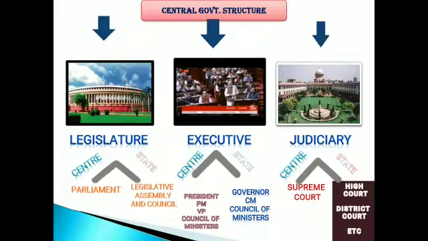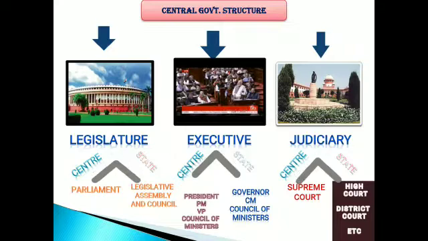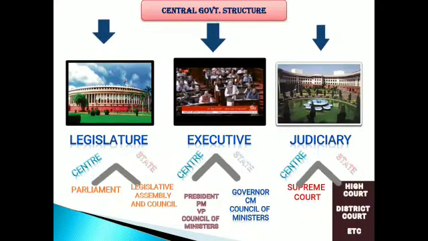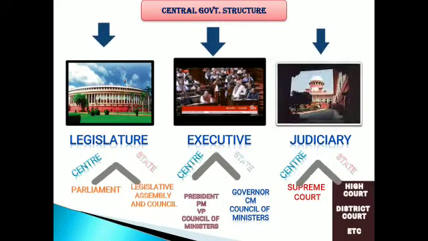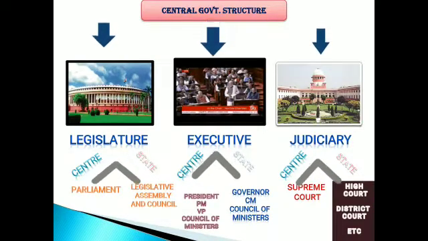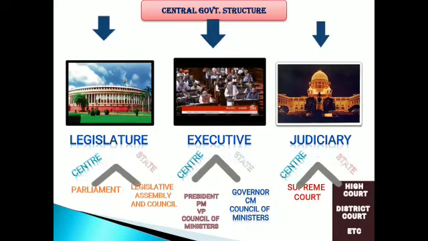Judiciary means interpreting state as well as central laws, settling legal disputes, punishing the violators of the law, and protecting individual rights. At the central level it is the Supreme Court, and at the state level it is the High Court, district courts, session courts, etc.